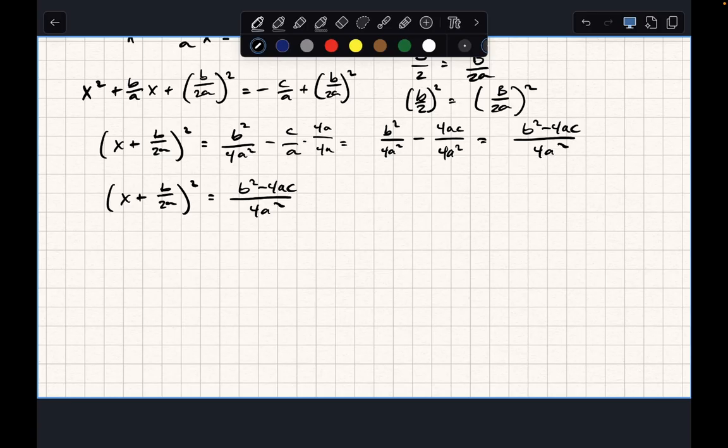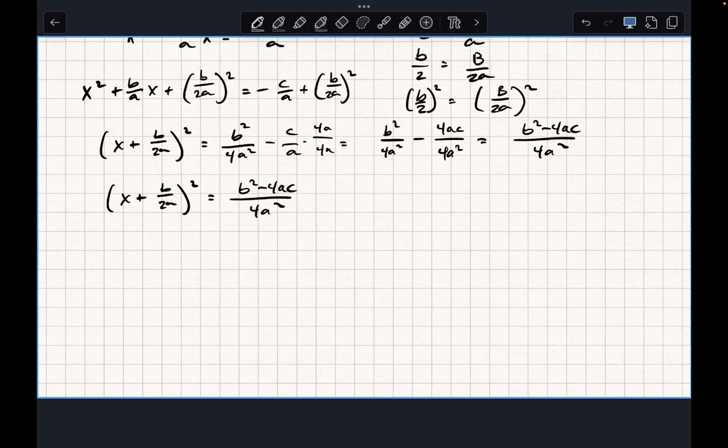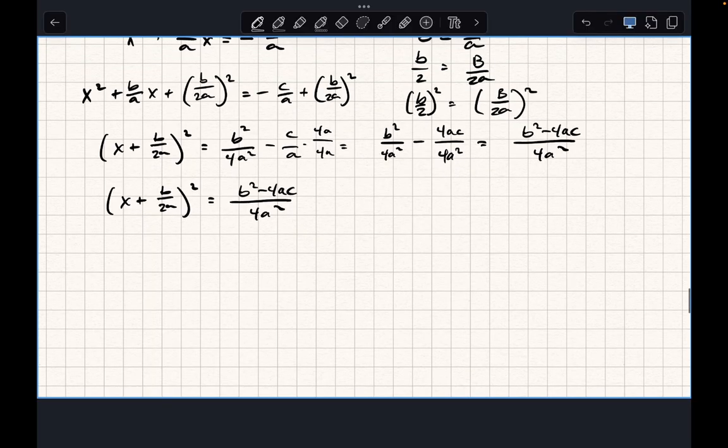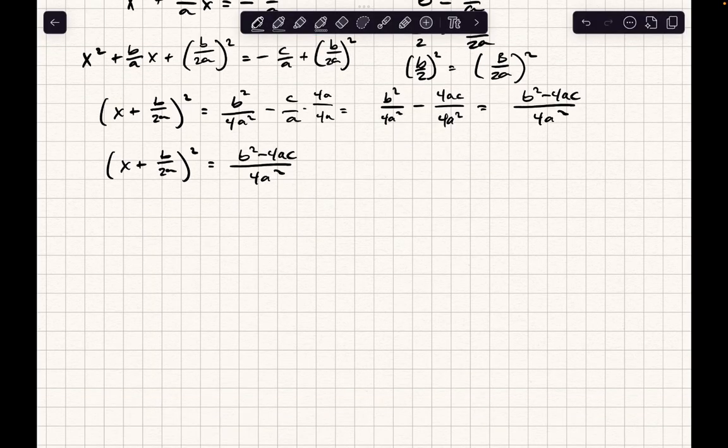Next? You square root both sides. Wasn't that so fun? Square root both sides. That gives me x plus b over 2a equals plus or minus the square root of b squared minus 4ac all over 4a squared.